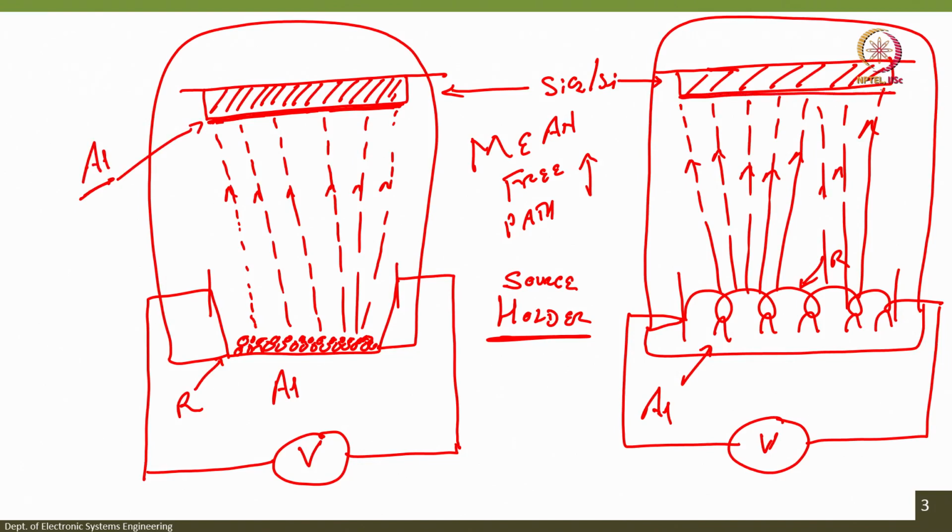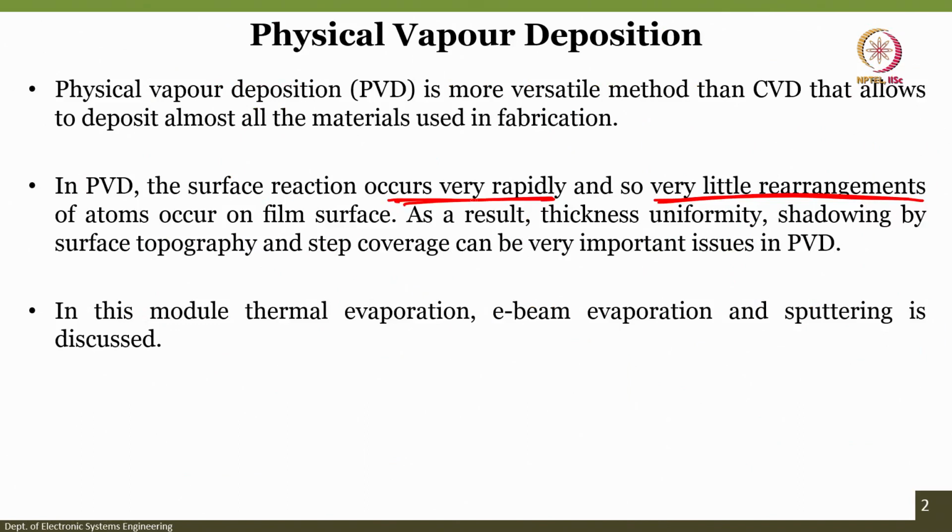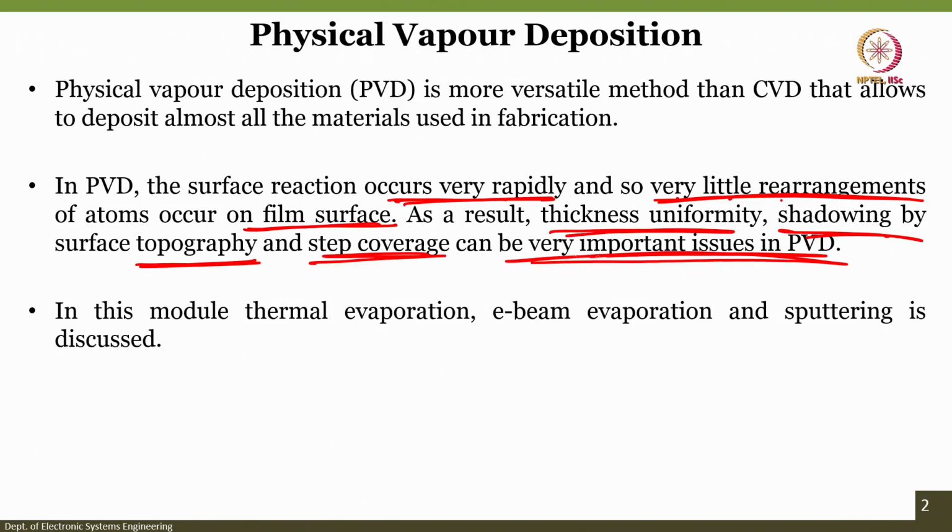This deposition occurs so fast that very little time is there for the atoms to rearrange themselves. Okay. That is what we were learning. You see this one, very rapidly, so very little rearrangement of atoms occurs on the film surface. As a result, the thickness uniformity, shadowing by surface topography and step coverage can be very important issues in PVD.